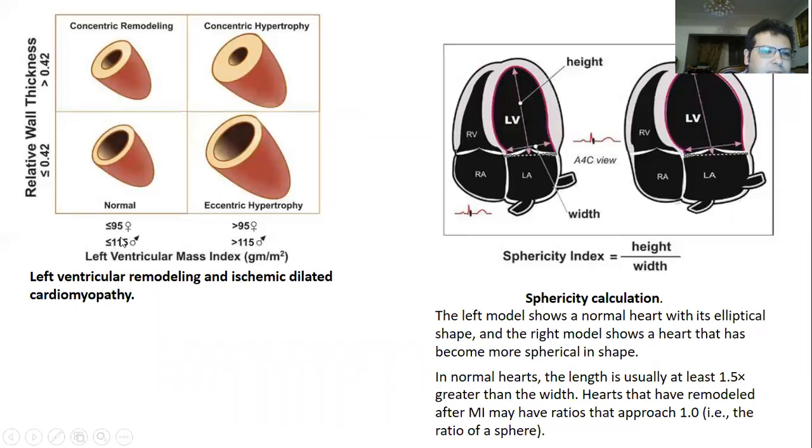Normally, relative wall thickness is less than or equal to 0.42. If the left ventricular mass is increased, this is called hypertrophy, and according to the relative wall thickness, if it is less than 0.42, this is called eccentric hypertrophy. If the relative wall thickness is more than 0.42, it is called concentric hypertrophy.